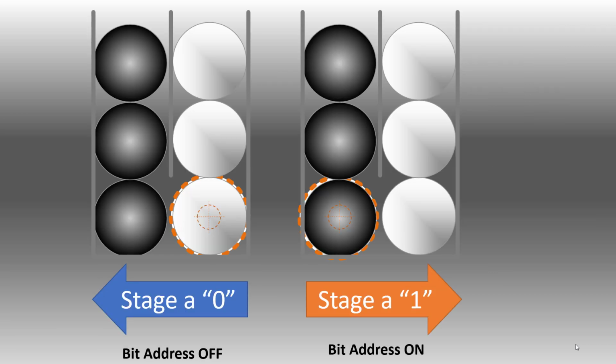Now, maybe a little bit better mechanical illustration would be a side-by-side magazine. Now, the orange dashed line is the tube that the ping pong balls get pushed along.